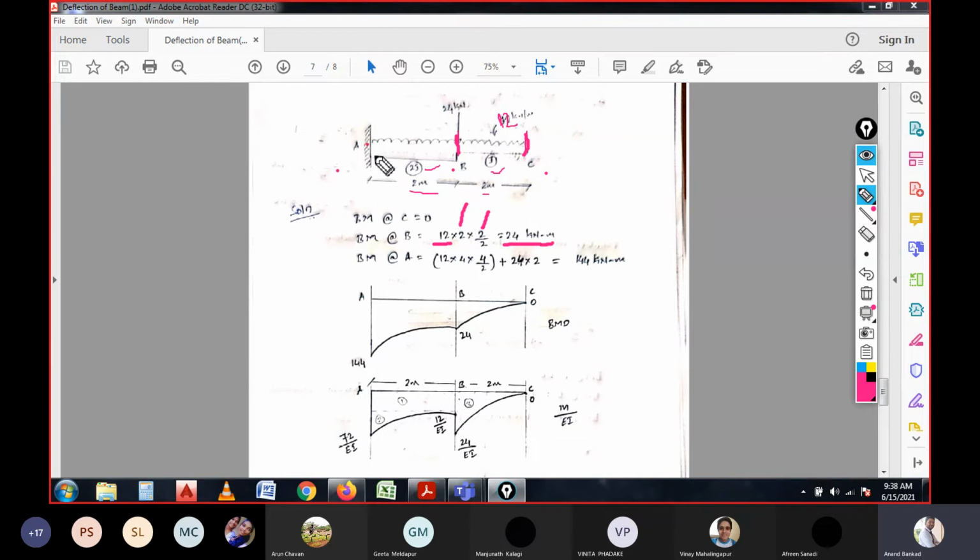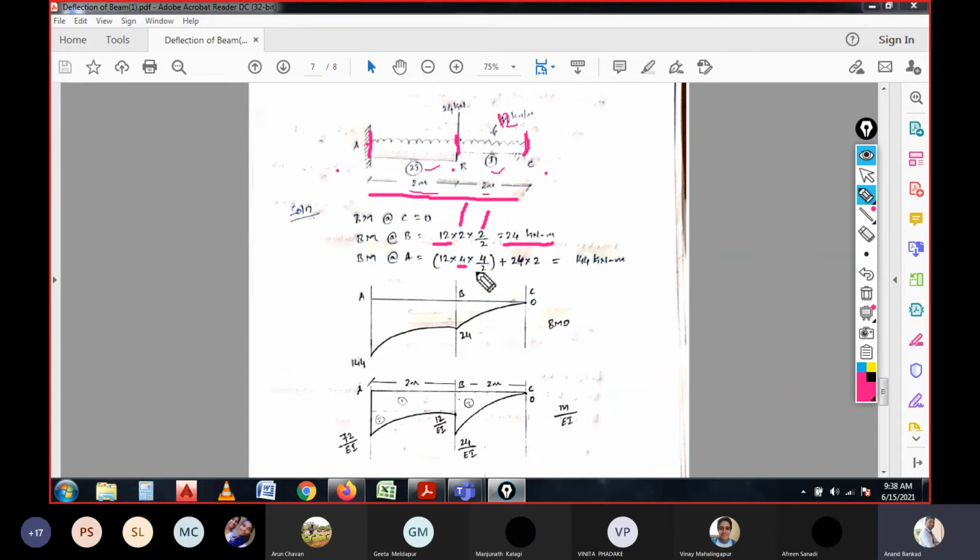Now the bending moment at A, considering both the concentrated load and the UDL. For the bending moment at A, it is 12 into 4 because the total distance is 4 when calculating for point A. The total load is 12 for the span of 4, and since it is UDL, we need to consider the CG, because the center of the load is to be considered.